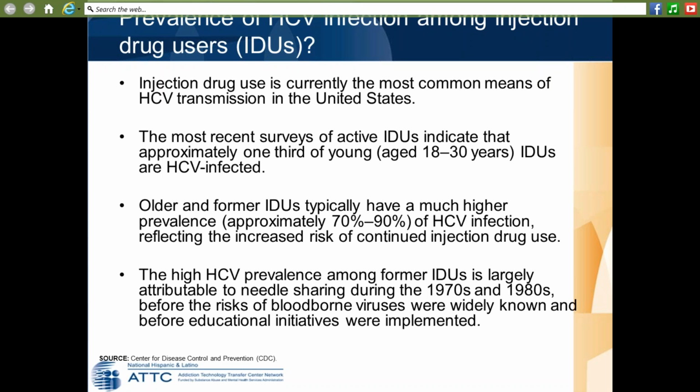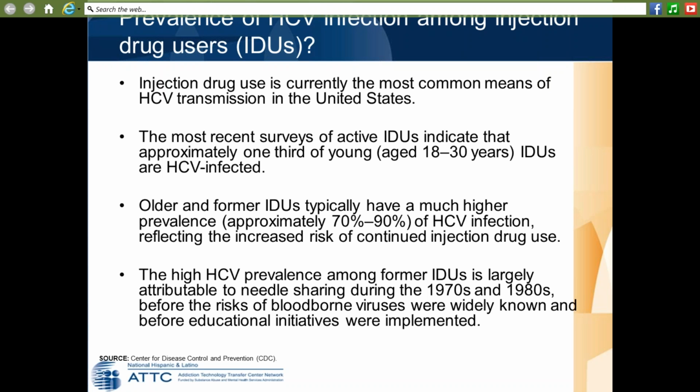So those are ages 18 through 30. And so we heard those data about the baby boomers, but just know that because of the opioid crisis that we are experiencing across the country, there are many young people who are becoming infected.